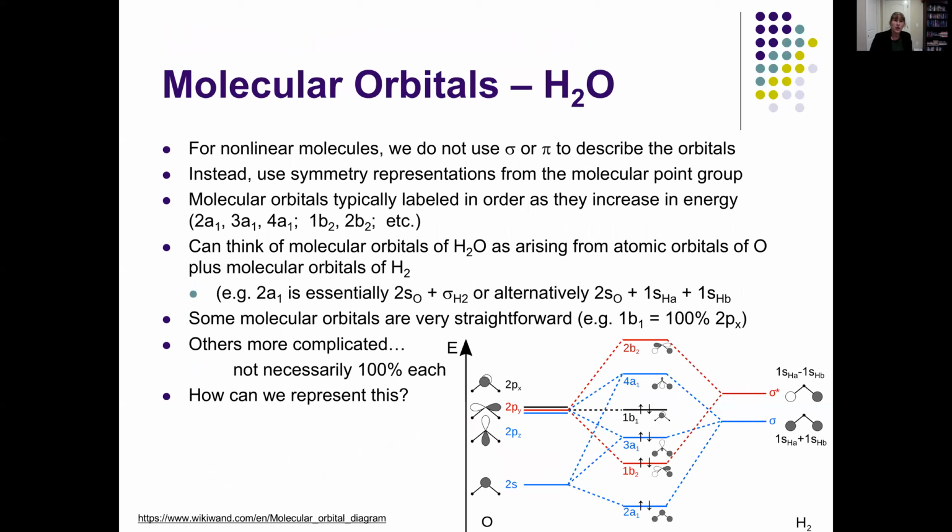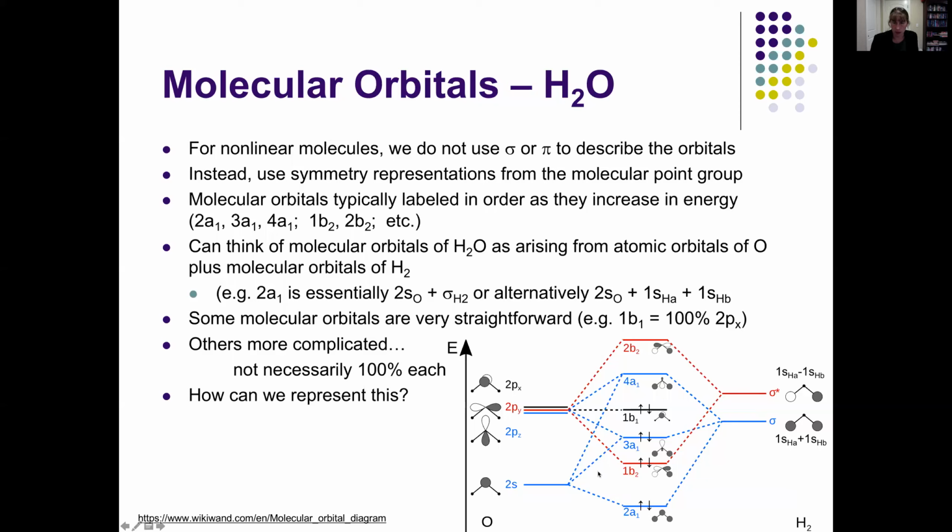Now, we've talked before about some linear molecules like H2 or N2. For nonlinear molecules like water, we're not going to use sigma or pi to describe the orbitals. We're going to end up using symmetry representations from the molecular point group.